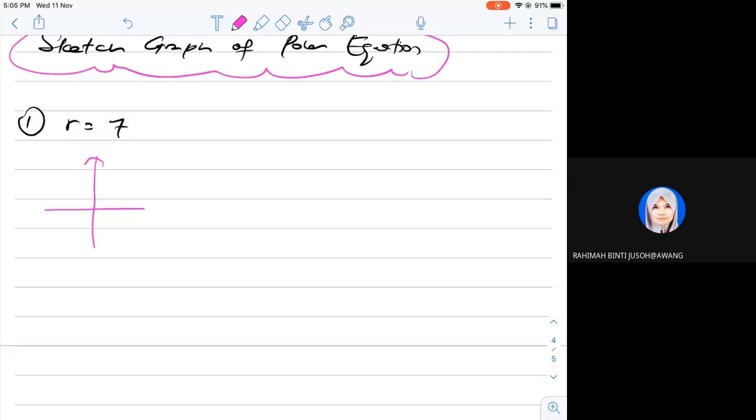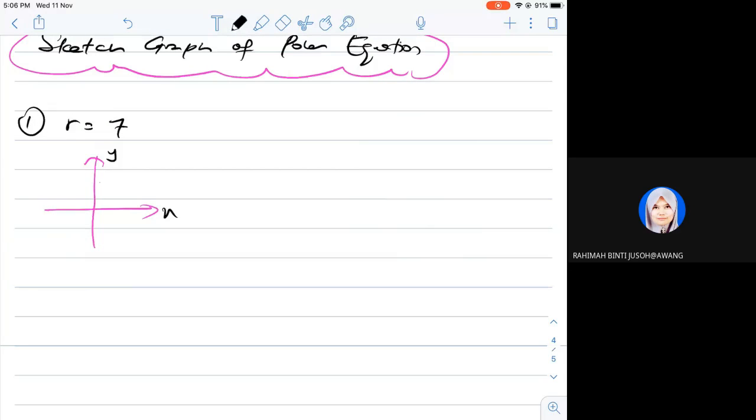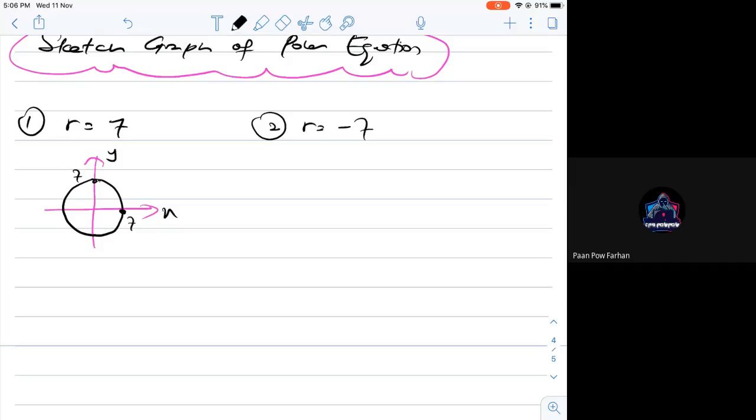So draw it happily. We have x, y. So we have this circle, 7, 7. How about r equals negative 7?